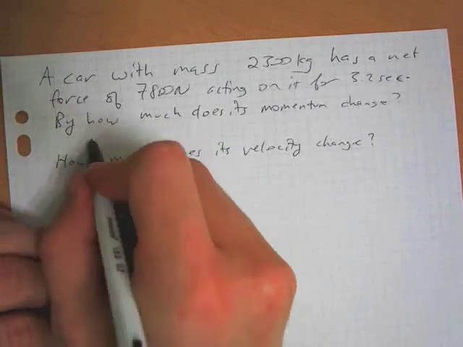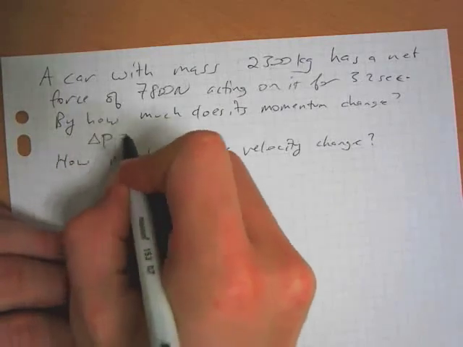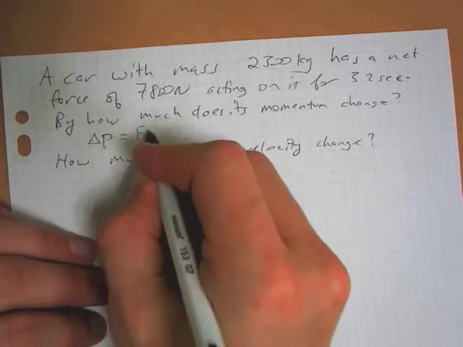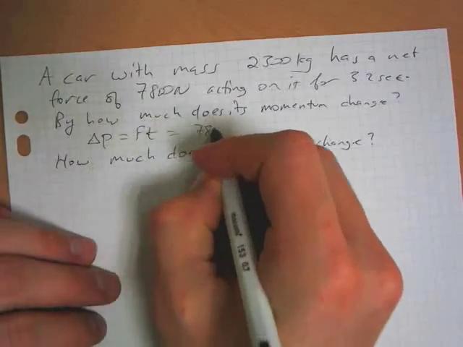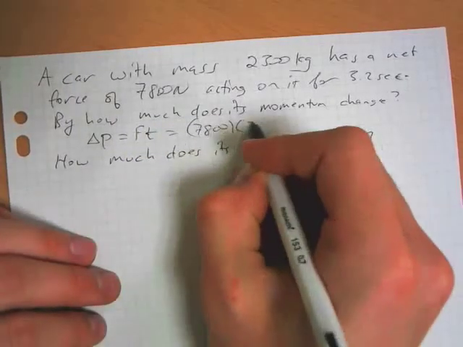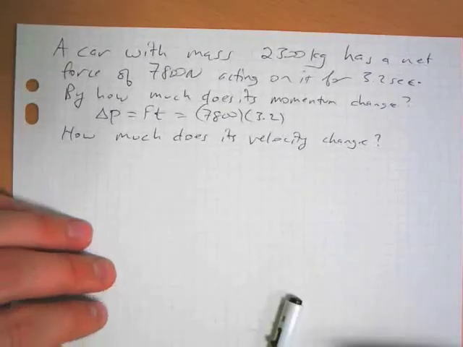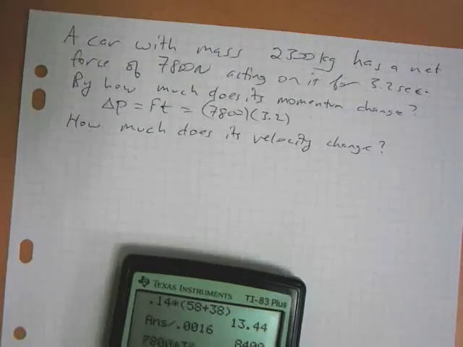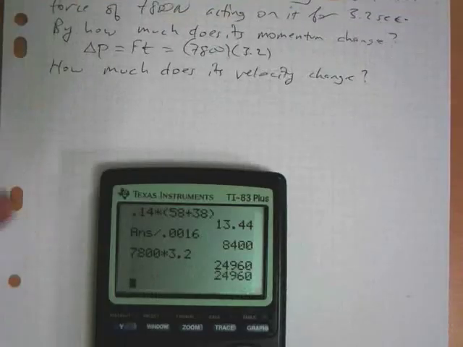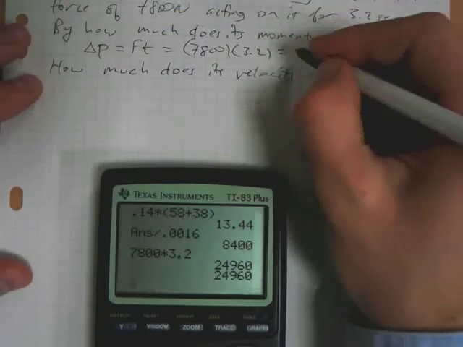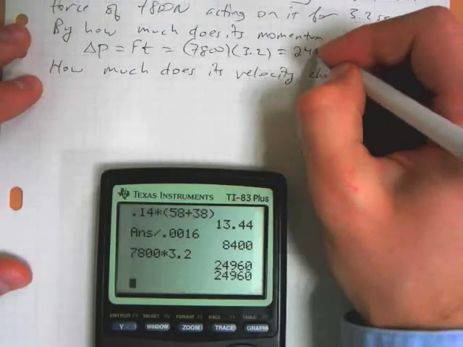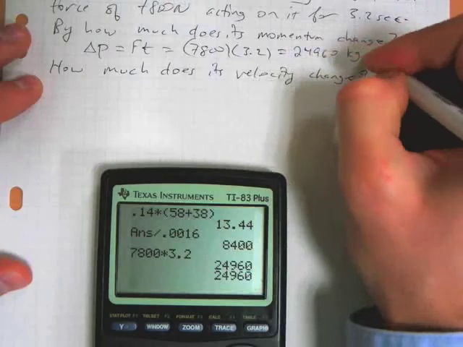So our change in momentum is just equal to force times time, which is 7,800 times 3.2. Punch that in, and you get 24,960 kilogram meters per second.